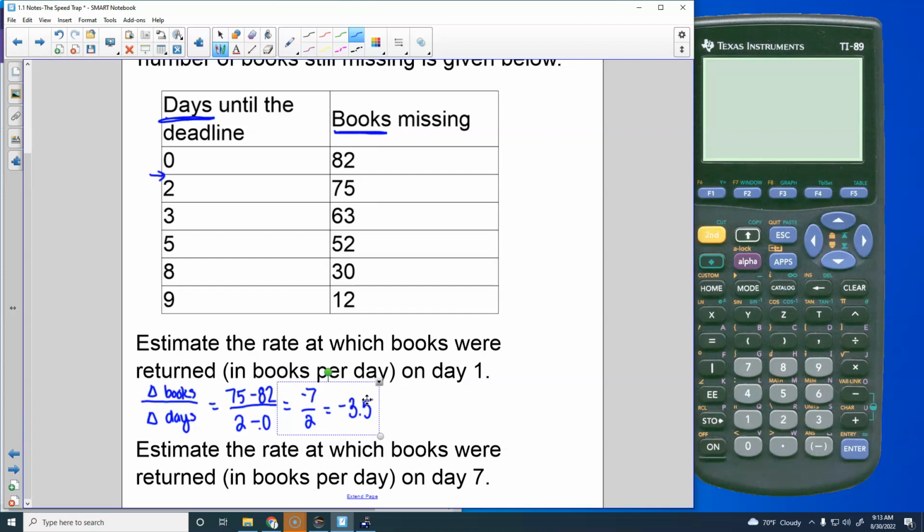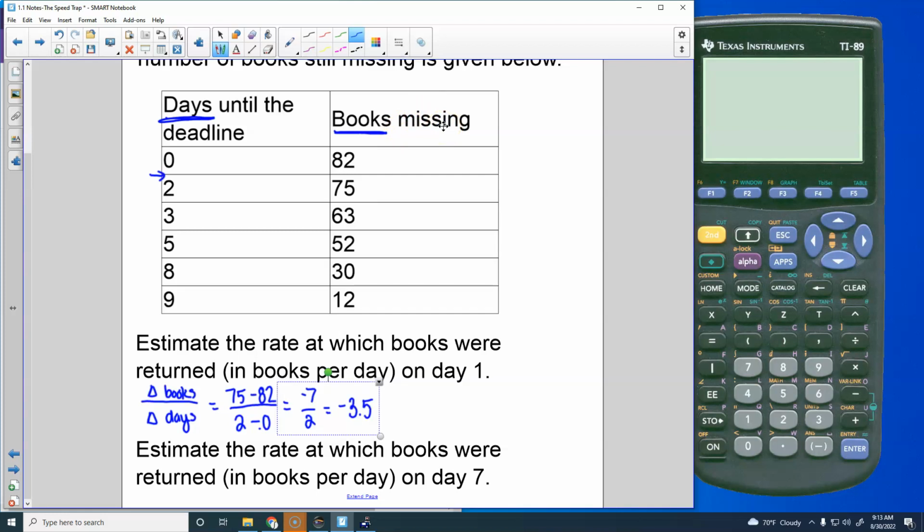Now, let's talk about that negative here for a second. Because it says estimate the rate at which books were returned on day 1. Does it make sense to have a negative answer for that? No, that would be like books are being checked out. So we have to look at what we're given. We're getting a negative because what's reported is the books that are still missing, right?